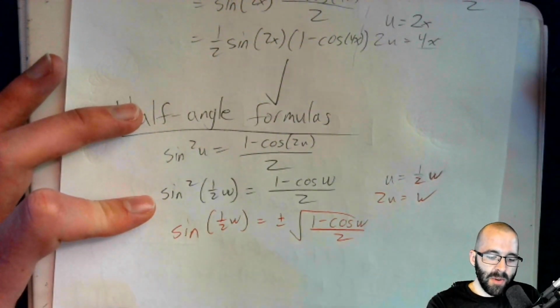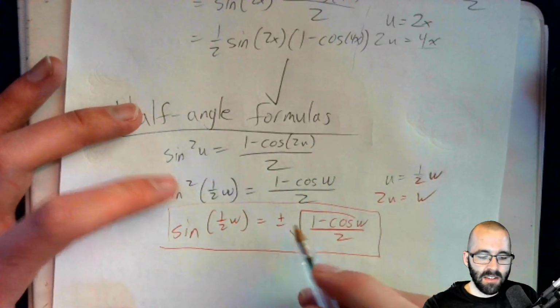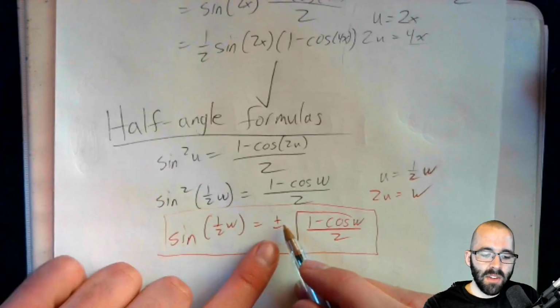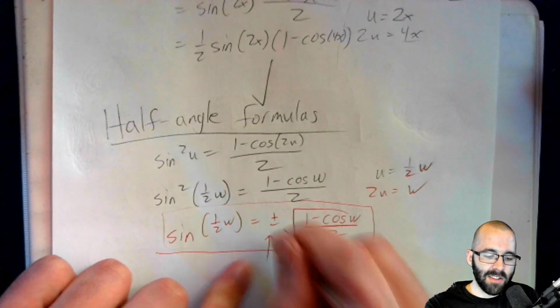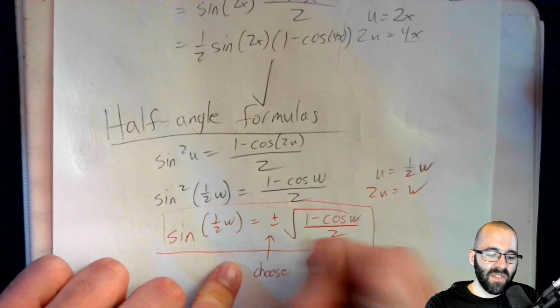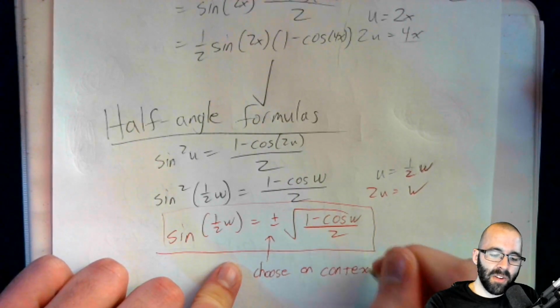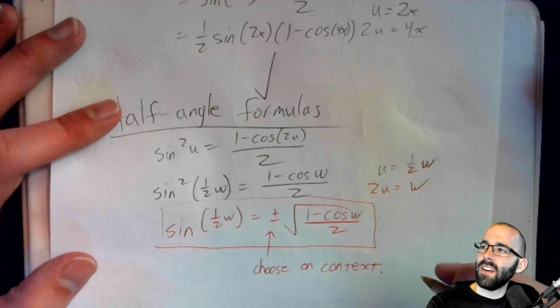And if you want to write this formula on your formula sheet, be my guest. And again, the plus or minus doesn't mean both in this case. It means one or the other. You kind of have to choose depending on context. A lot of times we just ignore it though, if we're in the first quadrant anyway. Okay. Anyway.